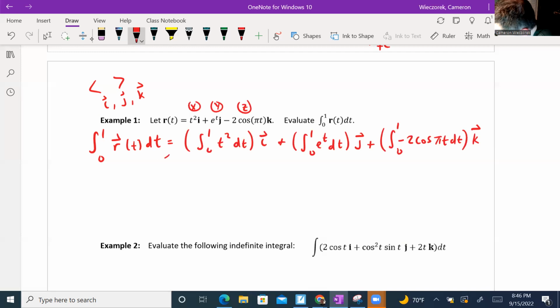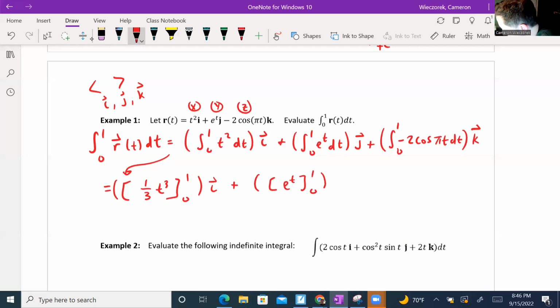So in the first one, the antiderivative would be 1/3 t cubed from 0 to 1, i. Second one would be e to the t from 0 to 1, j. For the last one, if you want to do some scratch work off to the side and use a u-substitution, you could.